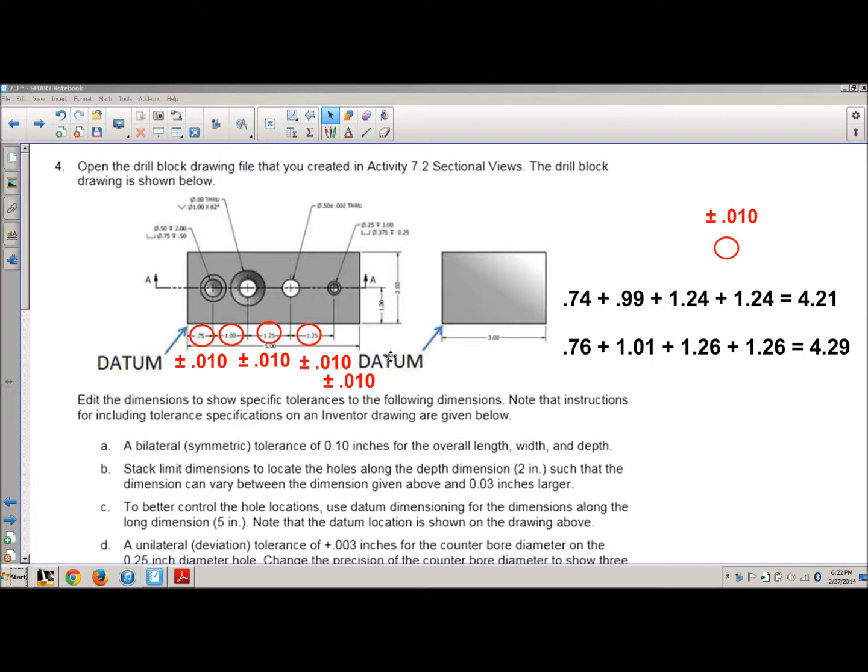That means that if every hole was on the minus side of the dimension specified, which would be acceptable by the drawing, that would be at 4.21 inches from the left side. And if every hole was on the positive side of what's allowed by the chain drawing, then that hole could be at 4.29 inches. So that's a total allowance of 0.08 of an inch. That's a tolerance of 0.08 of the position of that hole.